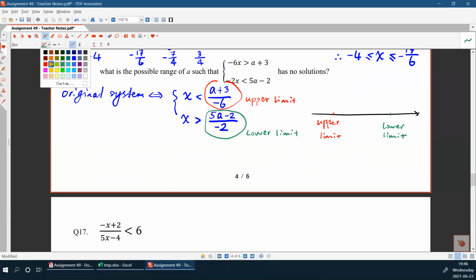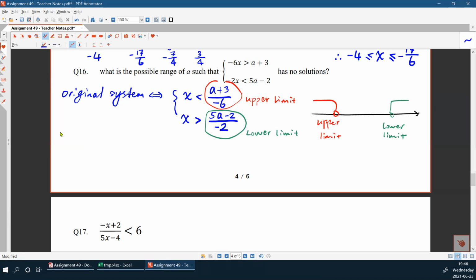That means x is smaller than this number and larger than this number. So under this circumstance, there is no overlapped area, right? So in this situation, there is no solution for x.